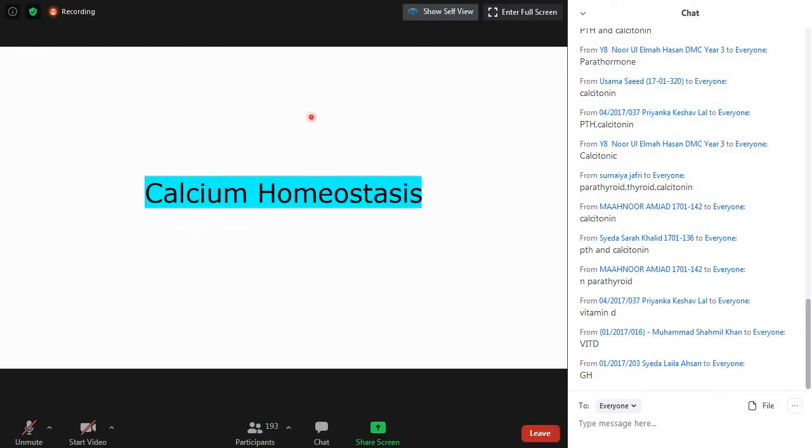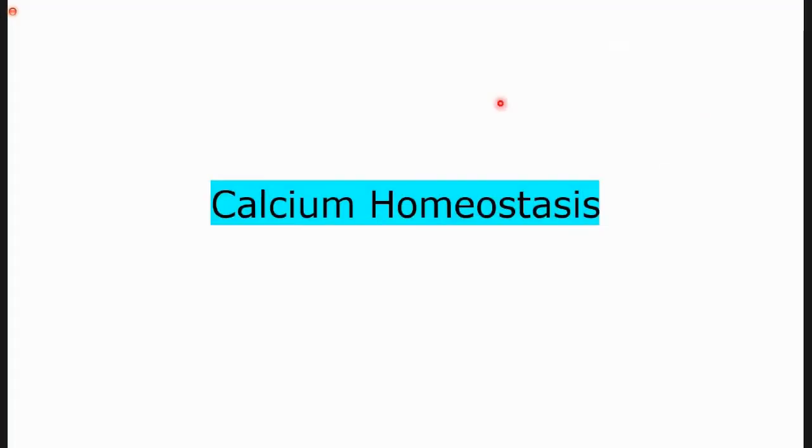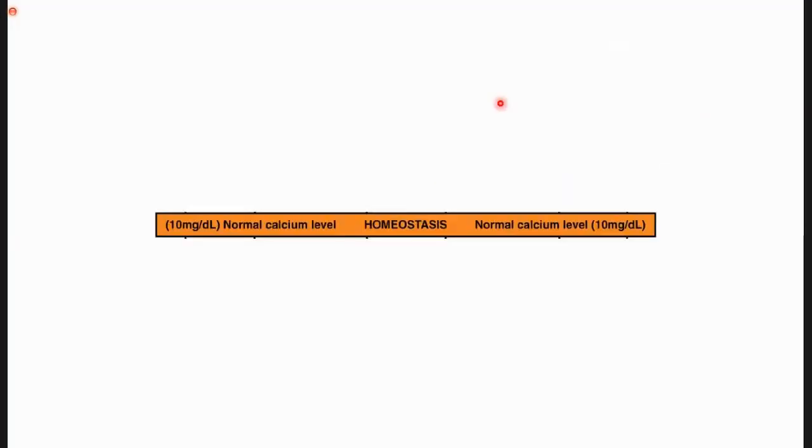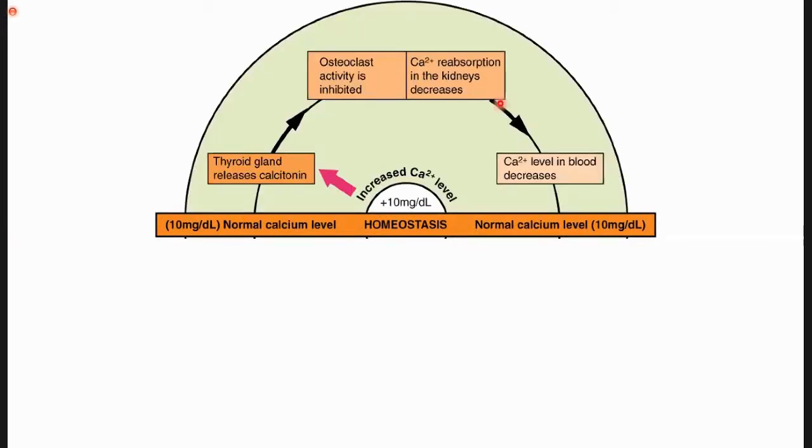Now, calcium homeostasis should be maintained in a normal reference range, approximately 10 milligrams per dl. So we can have two conditions. Calcium levels can go up, for example, hypercalcemia.